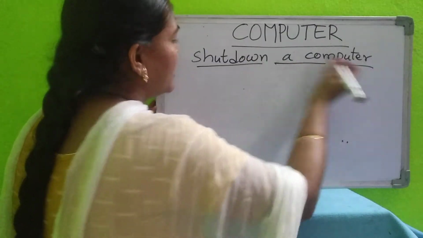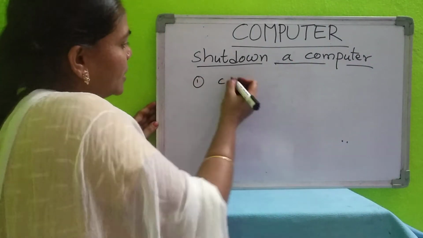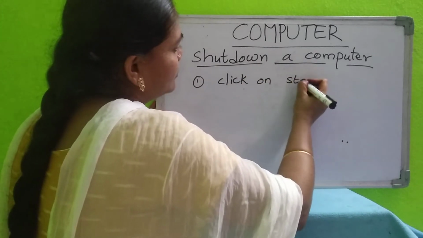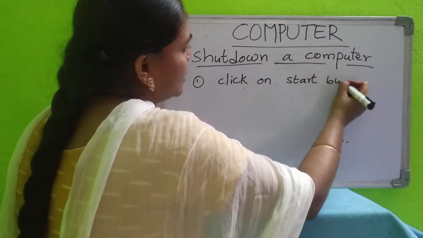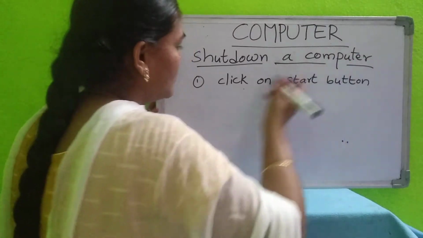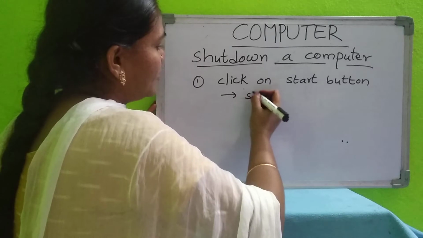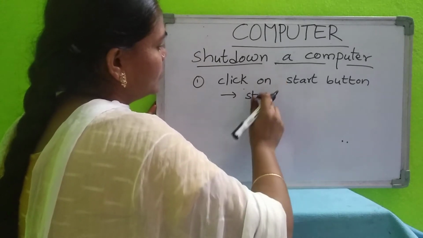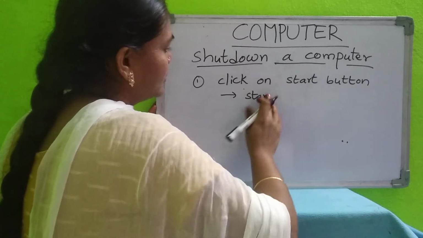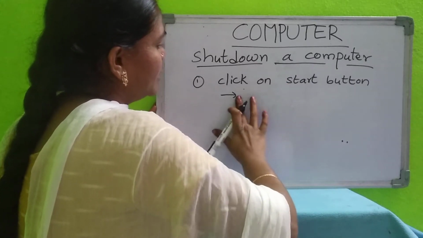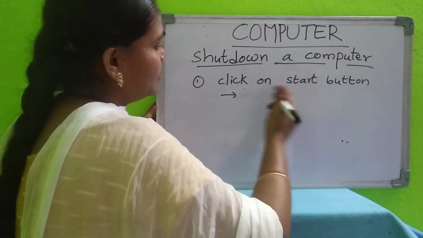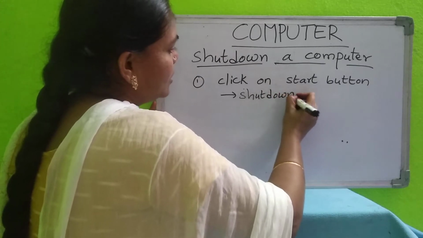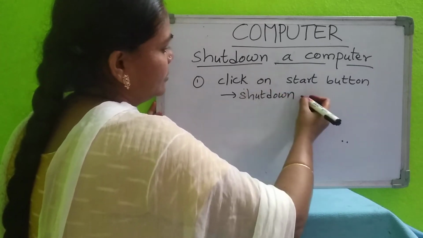The first step we have to follow is to click on the start button. When you click on the start button, the start menu will open. Beside that start menu you will get the shutdown button. You have to click on this shutdown button.